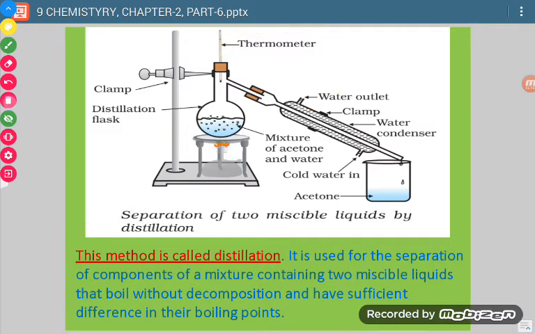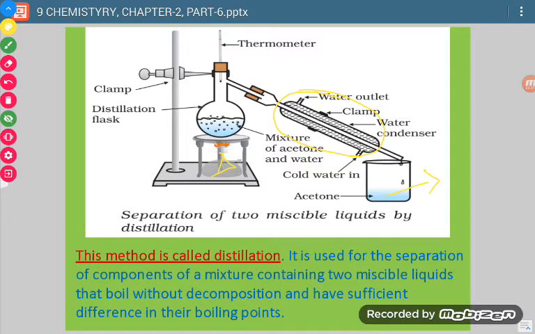Now what happened when we started heating it? When we started heating the mixture, that particular component which has a lower boiling point will form vapors. When it forms vapors, the vapors will rise up, and then in this particular portion those vapors will get condensed, and then that component we can collect here.